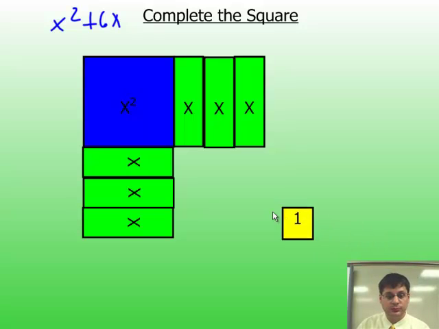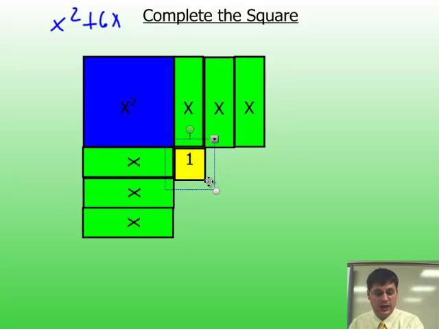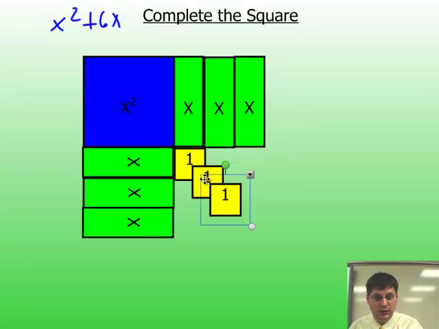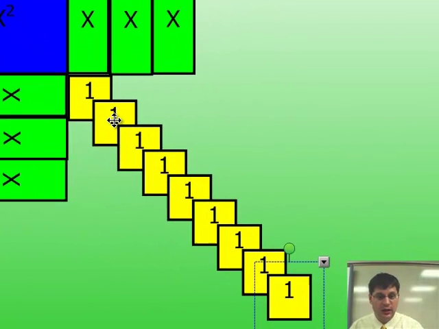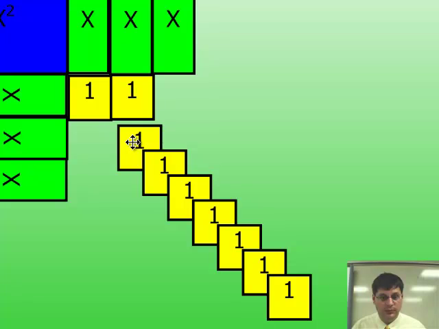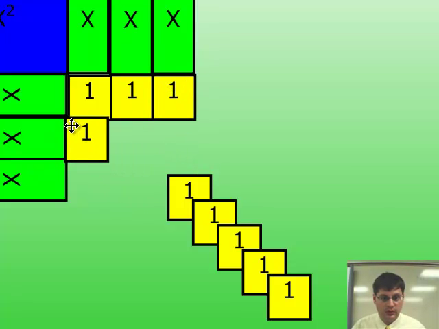I can put this one tile here, and it's not enough, so I need to fill up this whole thing with one tiles. It looks like I'm going to need a total of 9. So let's see, 3, 4, 5, 6, 7, 8, 9. I'll just go ahead and put them in here. There we go.